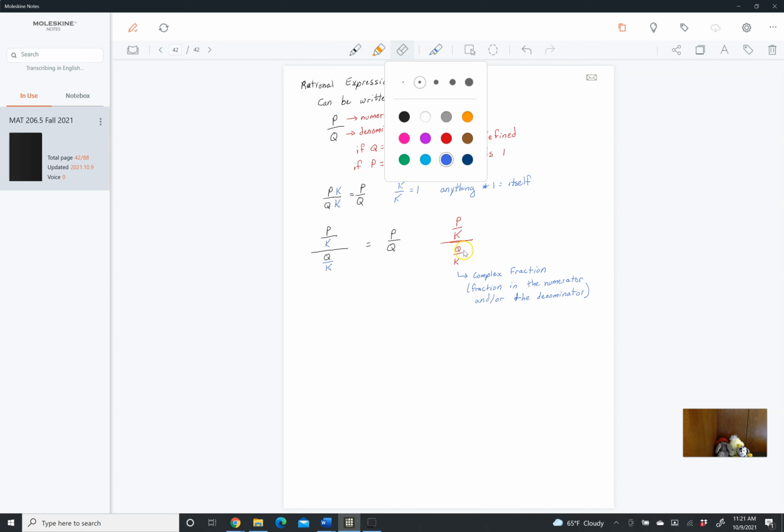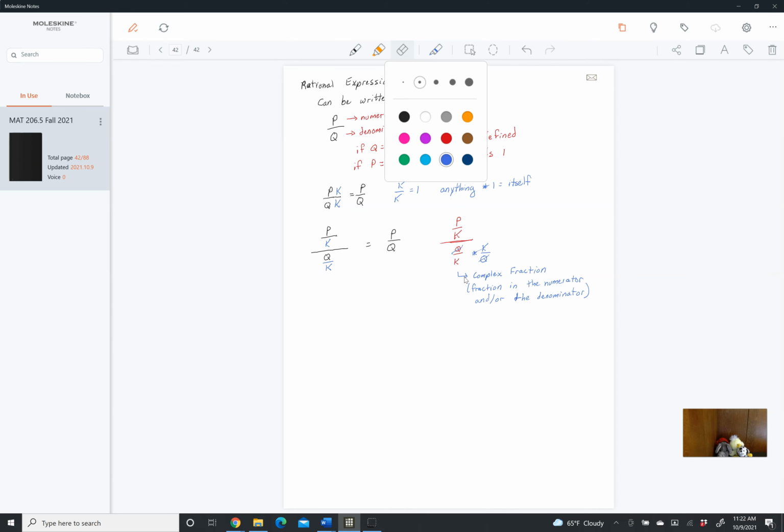The idea is that we don't want a complex fraction. We want to get rid of this fraction in the denominator. So we can multiply by its reciprocal, similar to when we rationalized denominators, when it had radicals and we were getting rid of the radical, or when we had complex numbers and we were trying to get rid of the imaginary number in the denominator, we multiply by the conjugates. This is similar. We're multiplying by the reciprocal, and what that does for us is it gets rid of the denominator in the first place.